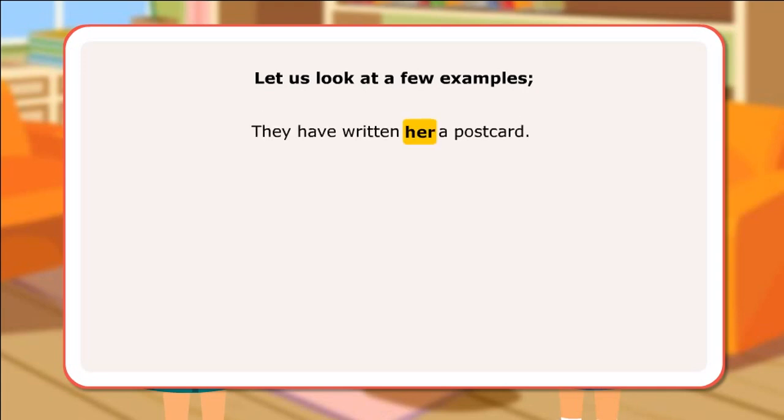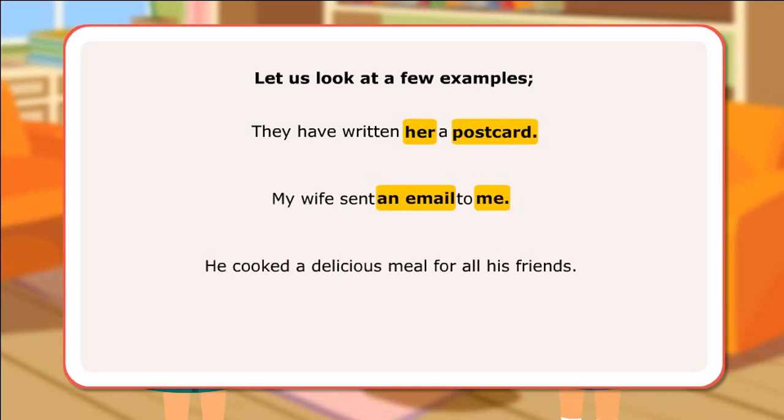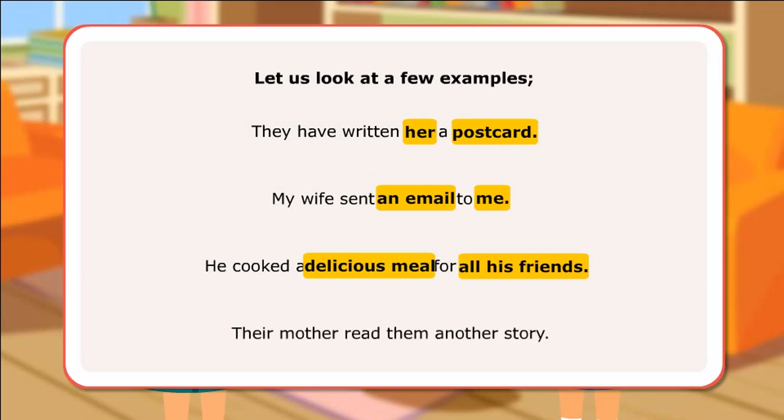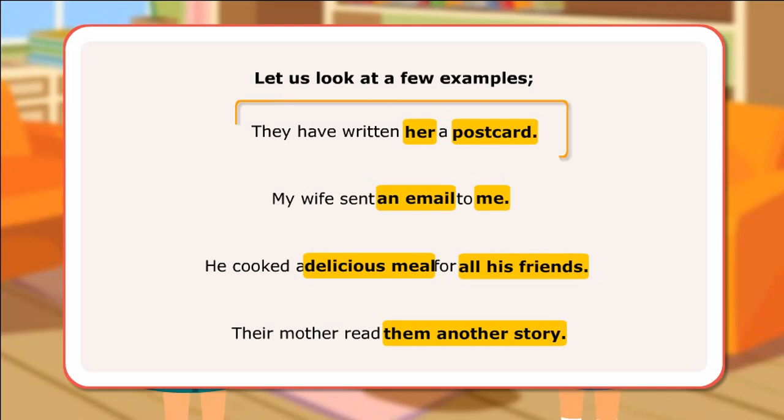They have written her a postcard. My wife sent an email to me. He cooked a delicious meal for all his friends. Their mother read them another story. In the first sentence, the verb follows the indirect object first as it is a pronoun.